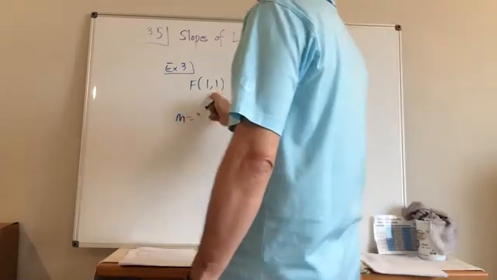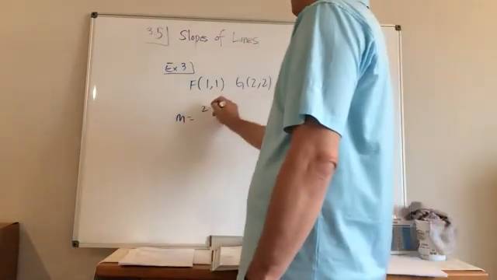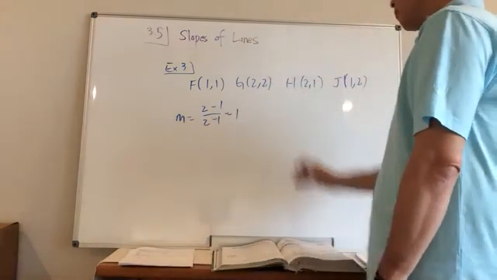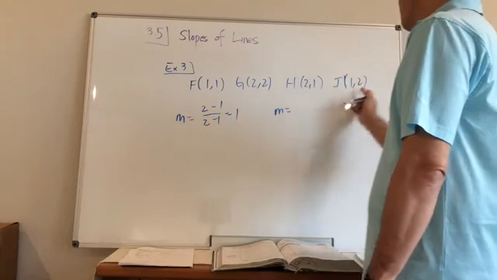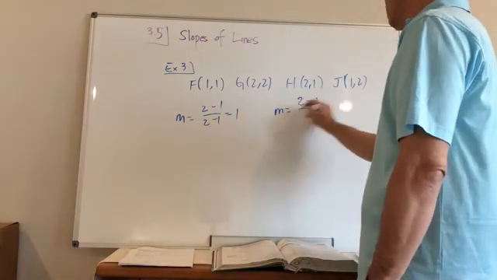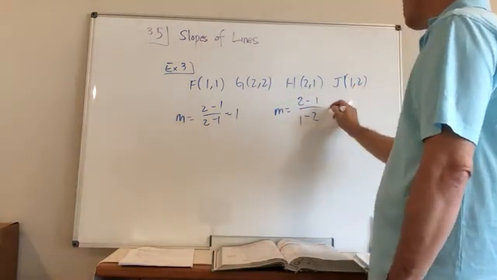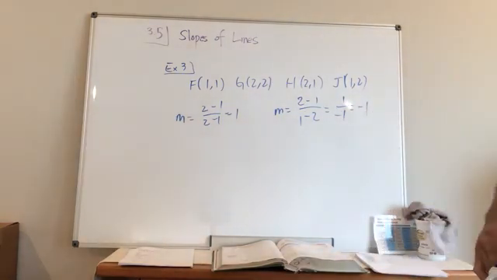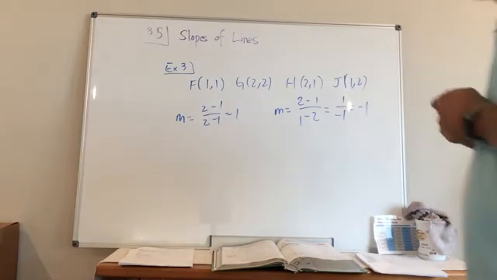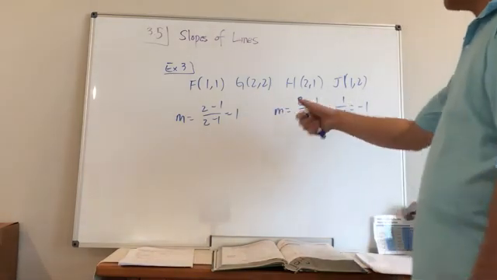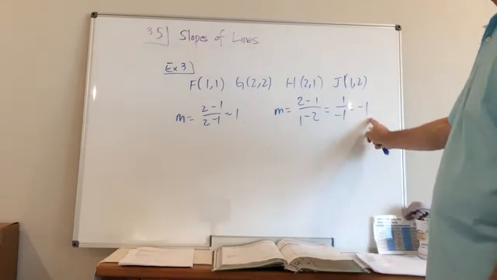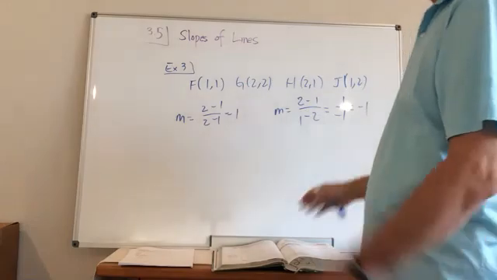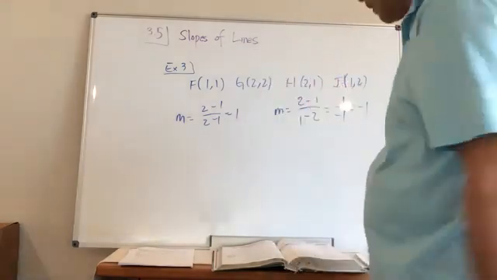Slope of these 2 points is 2 - 1 over 2 - 1, which is 1. Slope of these 2 points is 2 - 1 over 1 - 2, which is 1/-1, -1. So now you have 1, and if I flip that and take the negative, it's going to be this guy. So these 2 lines are perpendicular, right? They're 90 degrees.